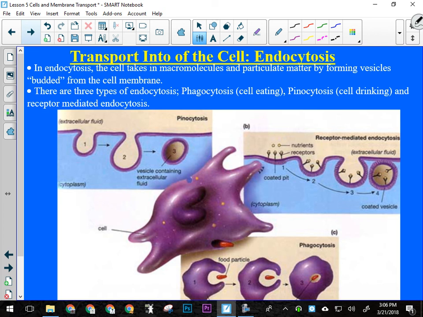It's exactly the same process. The membrane changes shape, fluid goes into the little vesicle, the vesicle closes off and goes into the cell, and quickly we've got water inside.